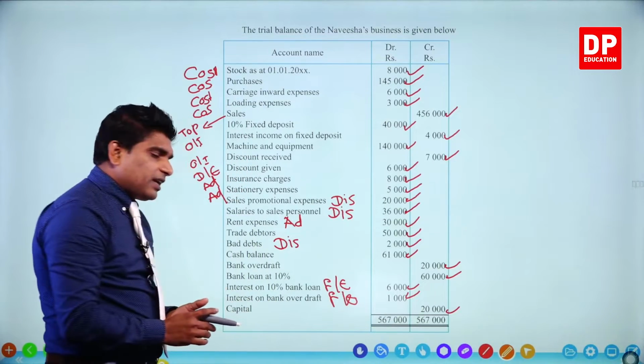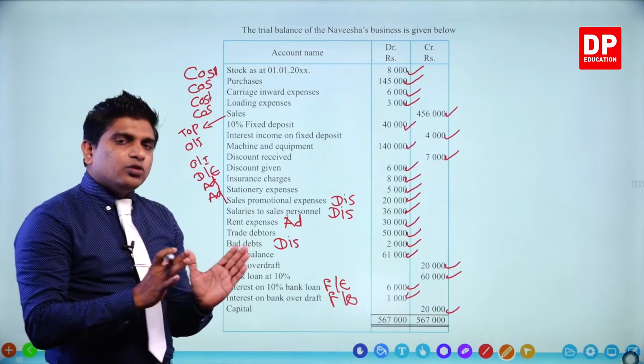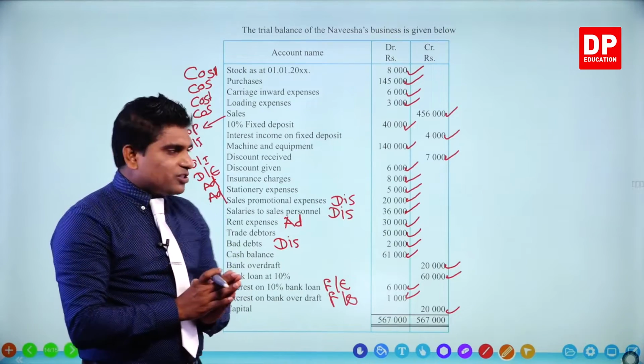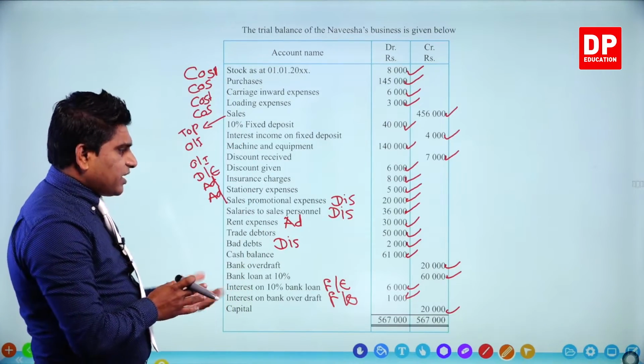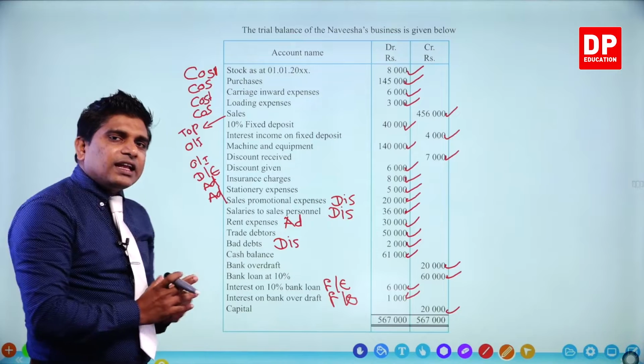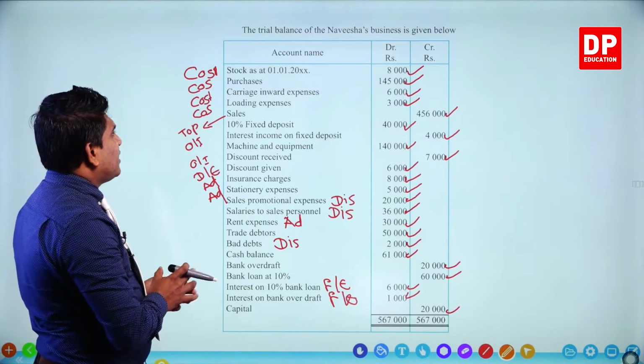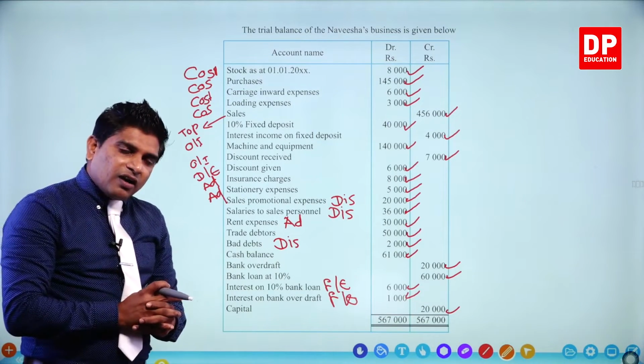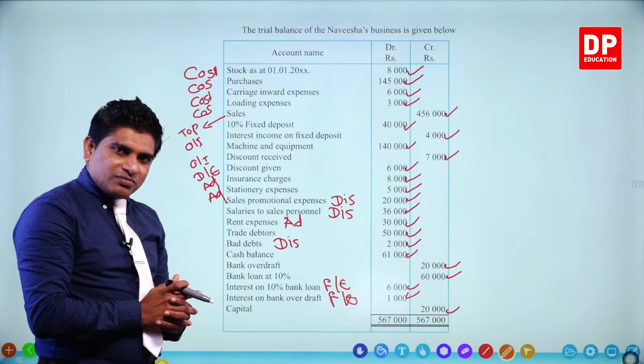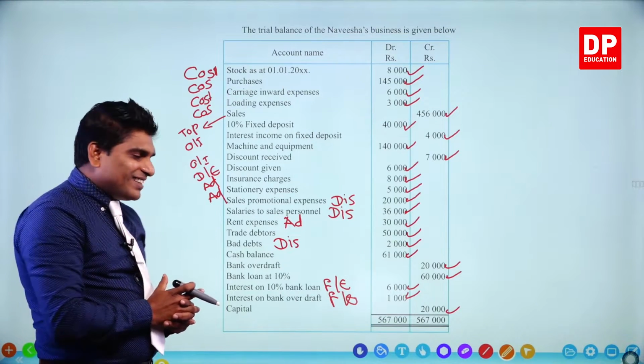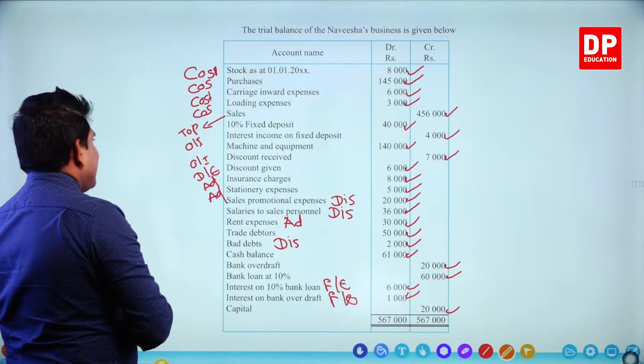Last one is capital. Capital is equity. Equity we don't take to prepare profit and loss statement. So I have given this classification. Using these income and expenses, you can prepare profit and loss statement by yourself, right? Okay, now next one.